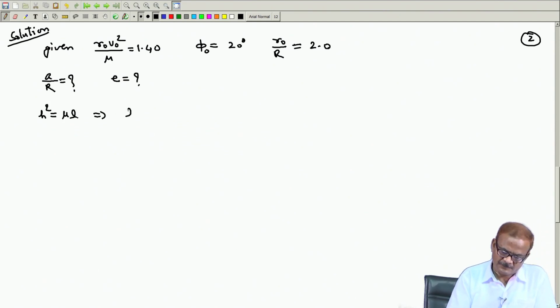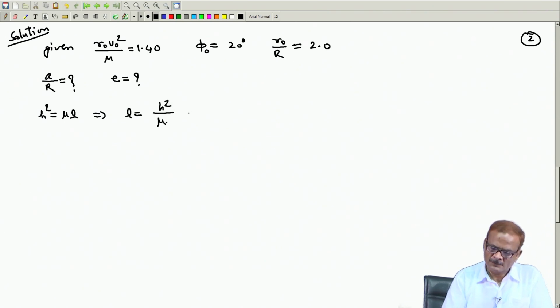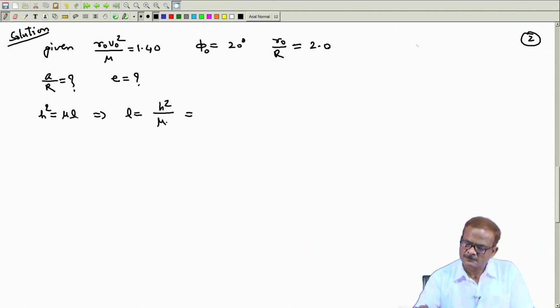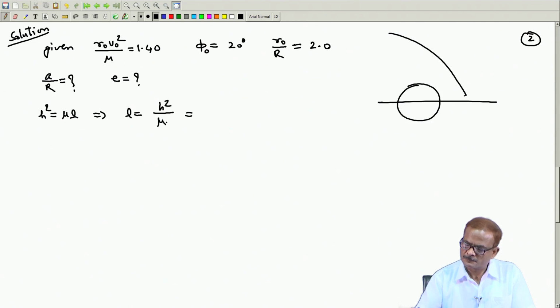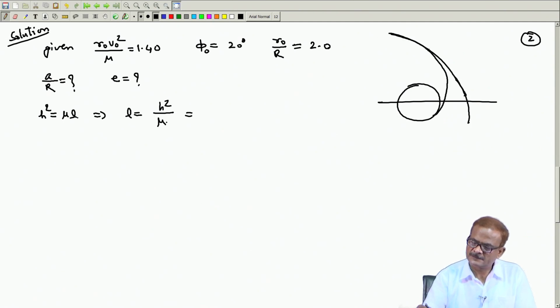So, this implies, and we know, if the orbit looks like this, the satellite has been launched like this, and this may be the injection point. So, this is the velocity vector, and from here to here is the r vector, and this is the velocity vector.